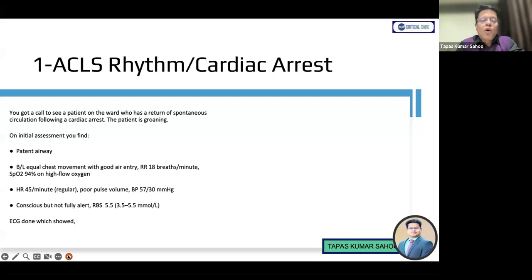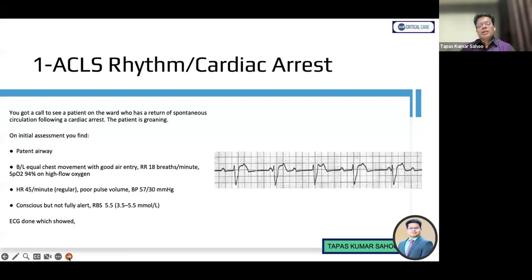In the exam, they normally provide them in the question, but in the hustle bustle you may not get the time to ask them or check the normal range in the CBS. You have only limited 10 to 12 minutes for one station. So better you know the conversion factors of some of the important biochemical parameters or gases. Now, in this patient, post ROSC, when you did the ECG, the ECG is showing this.